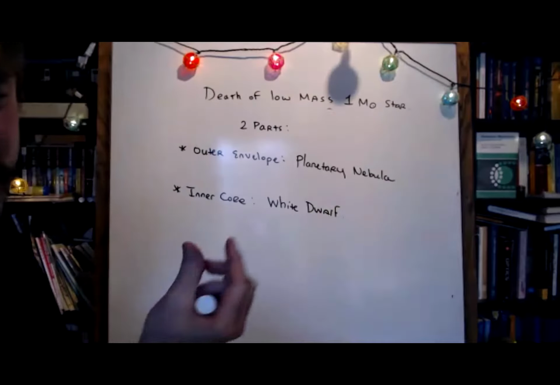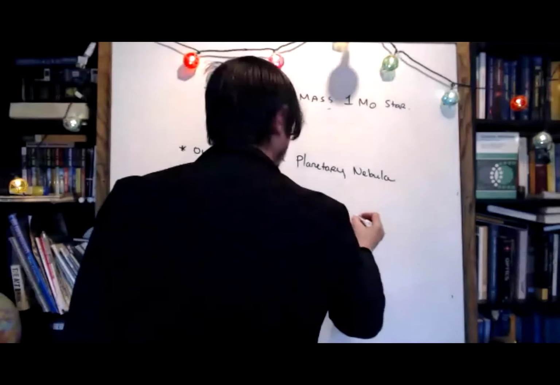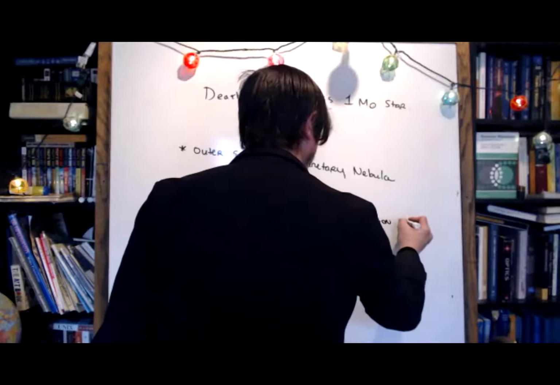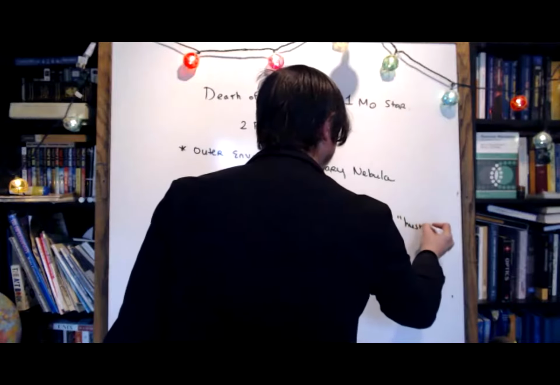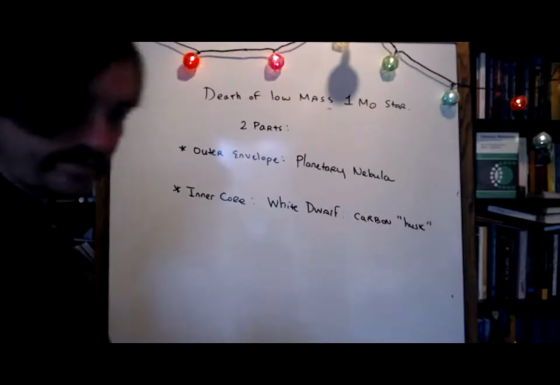A white dwarf is the exposed carbon nugget that's left behind. It's basically a carbon, I hate to use this word, husk. It's like a dead nugget that's left behind.